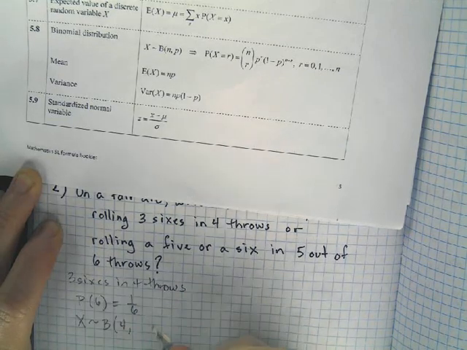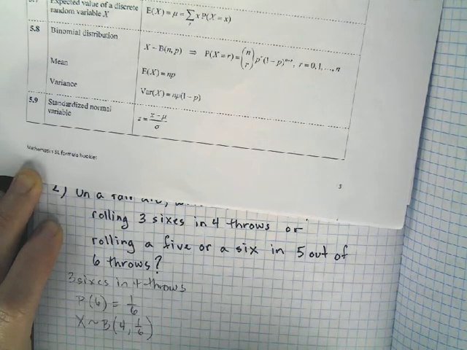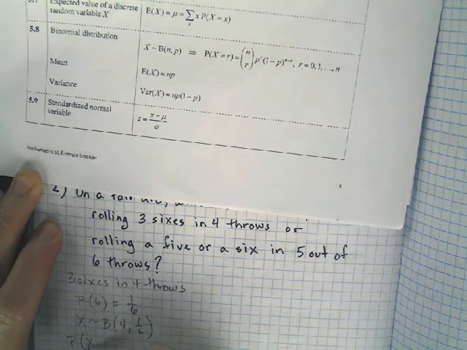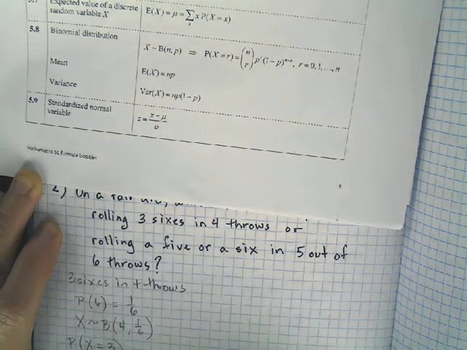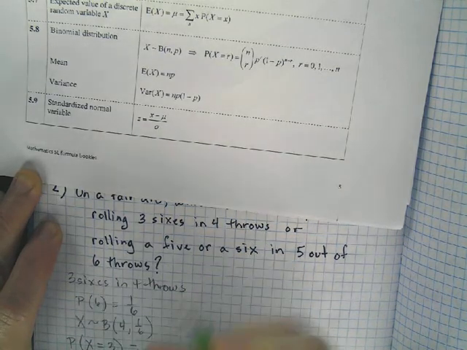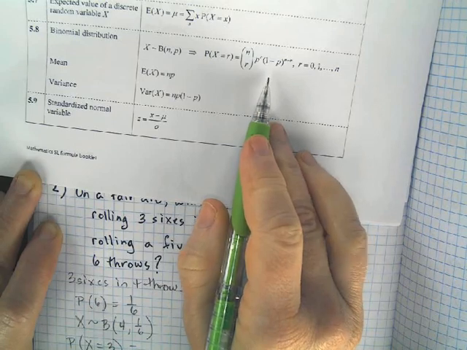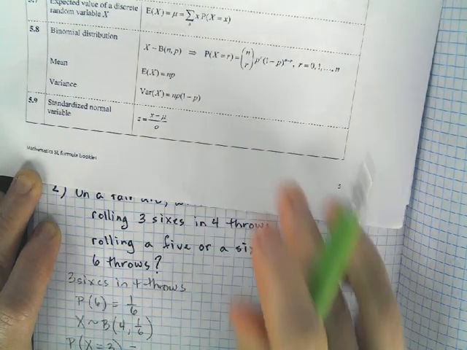And the probability of winning, the probability of getting a 6, is 1 out of 6. Okay, so if I want to know the probability that my event will happen 3 times, then I can do this. I can do it the long way, that's the Pascal triangle way, or I can use my graphing calculator.